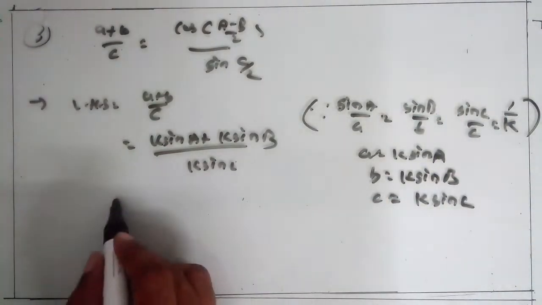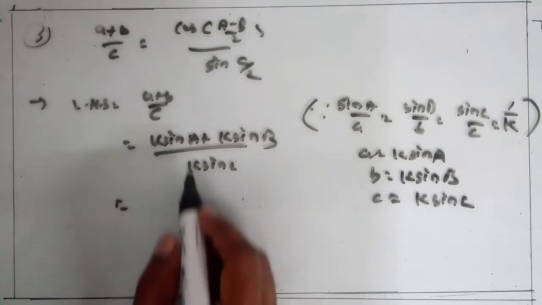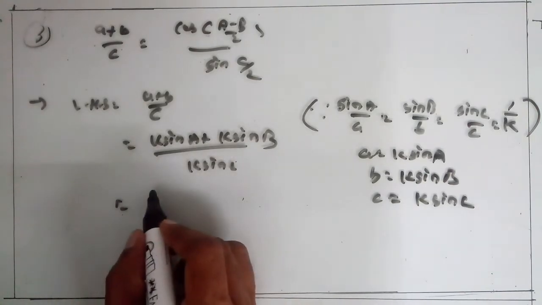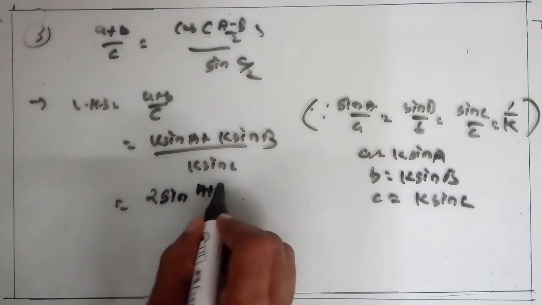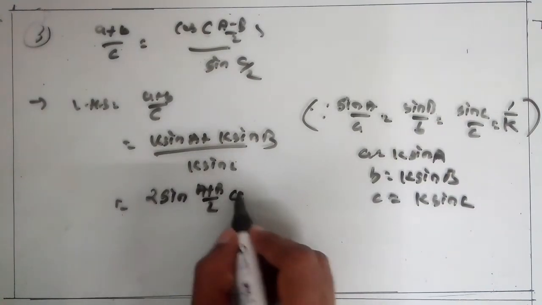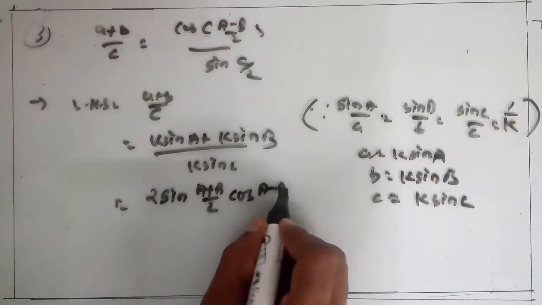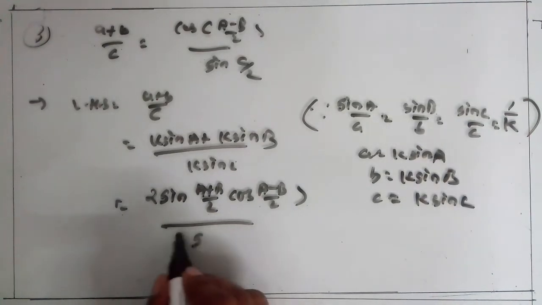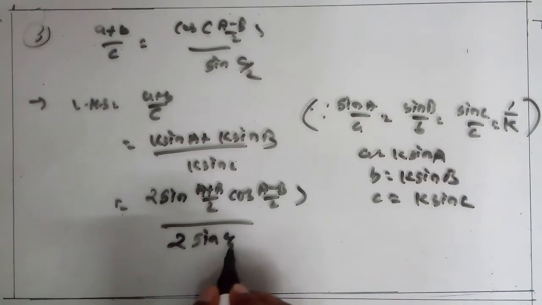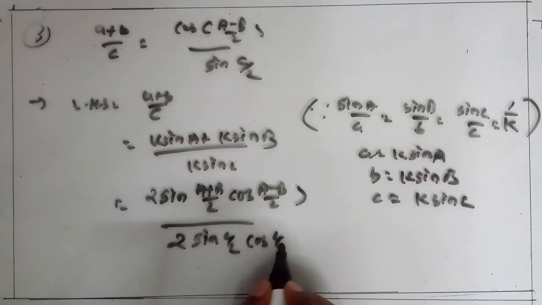Clear? So sin A plus sin B is equal to 2 sin of (A plus B) upon 2 into cos of (A minus B) upon 2, upon sin C. And sin C is equal to 2 sin C by 2 into cos C by 2, you know.